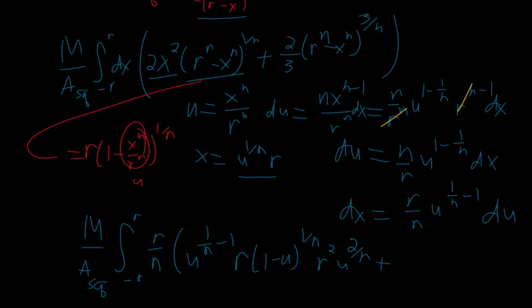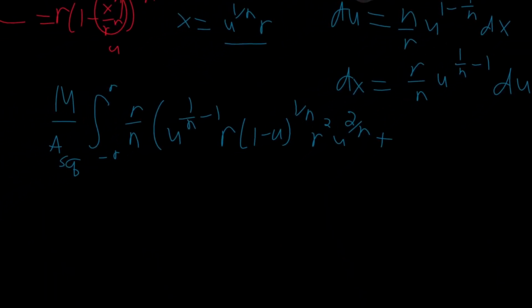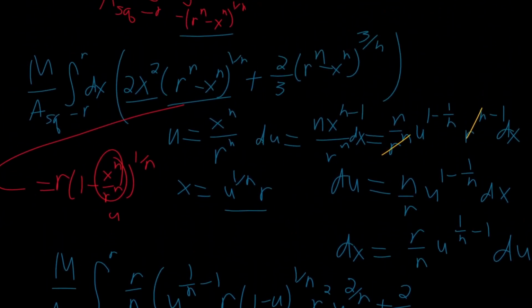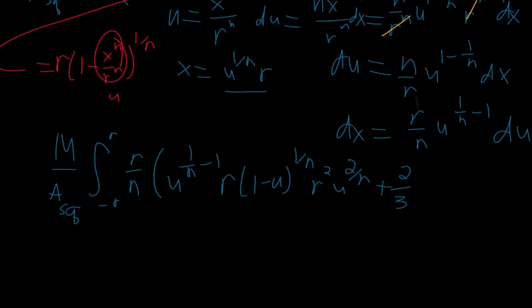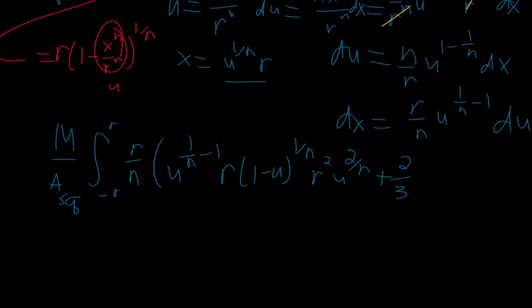And then what's our second one going to be? This is going to be slightly simpler, believe it or not. We have our 2/3 still, but whenever we factor out an r from here, we're going to get an r to the third by virtue of there's a big 3 right there. So we have r to the third times (1 minus u) to the 3 over n. I'll erase that.